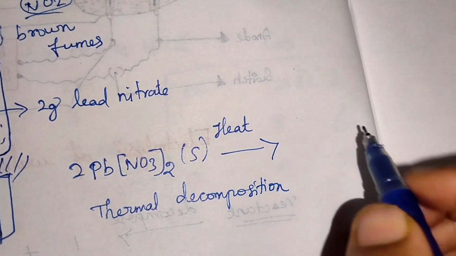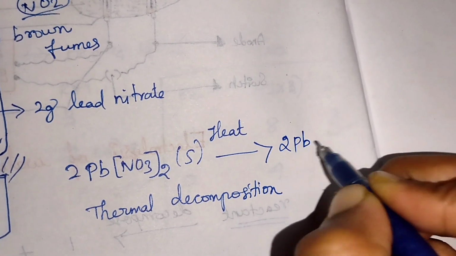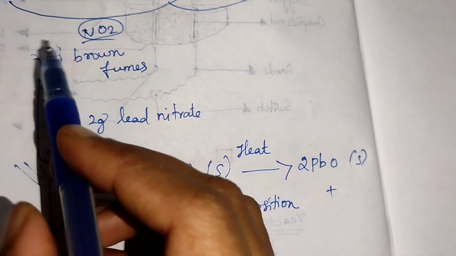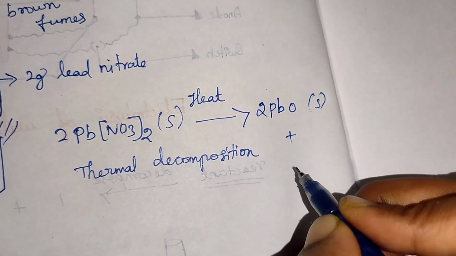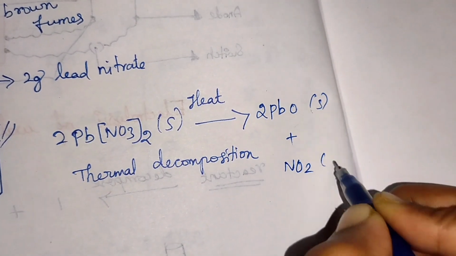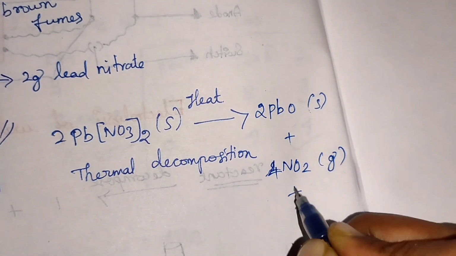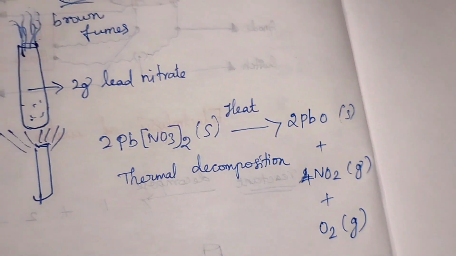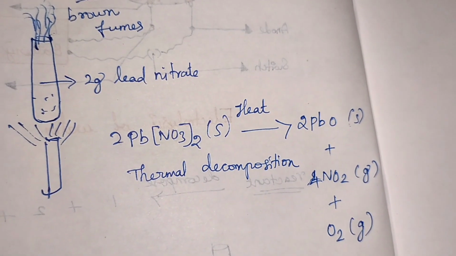This lead nitrate is decomposed into lead oxide, which is solid, plus the brown fumes, because nitrogen dioxide, which is gas, comes out, plus oxygen molecule also comes out. So this is another example of a thermal decomposition reaction.